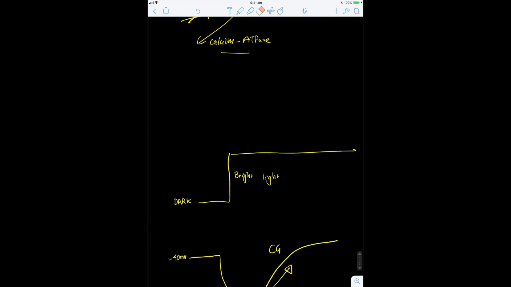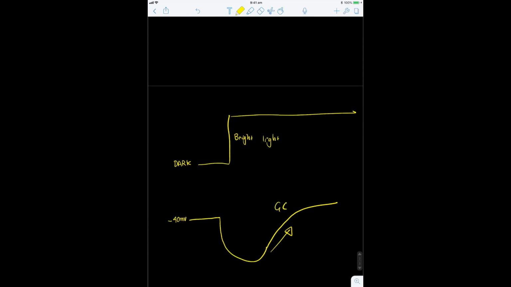And because there is no calcium impairing it, since the channels are closed, it will actually, at a more rapid rate, convert GMP to cyclic GMP much faster and restore the cell back to its normal resting membrane potential.